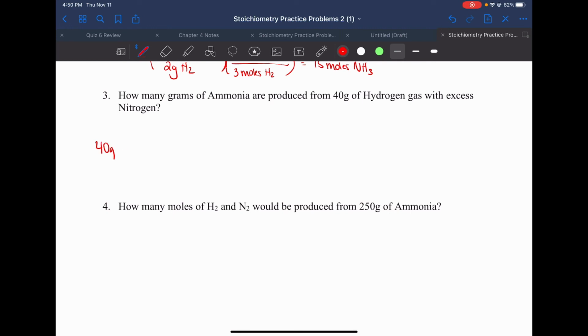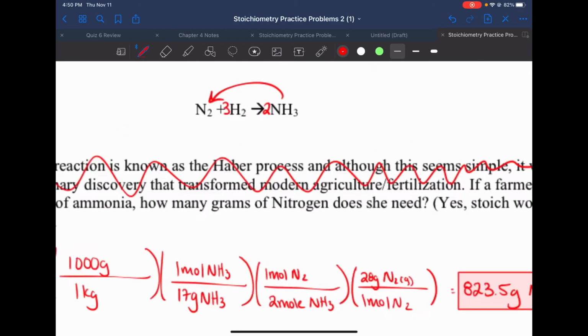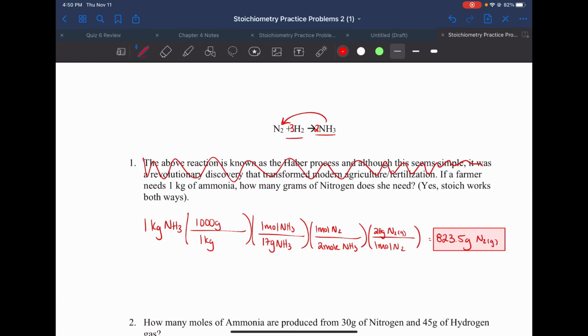So we got 40 grams of H2. For every 2 grams of H2, we produce 1 mole of H2. And for every 3 moles of H2, we produce 2 moles of ammonia.